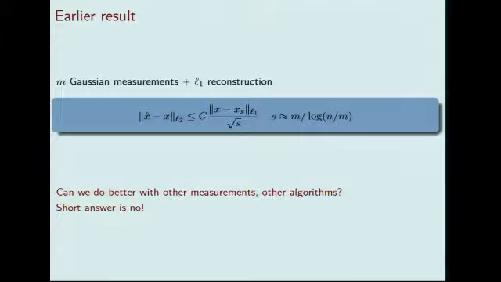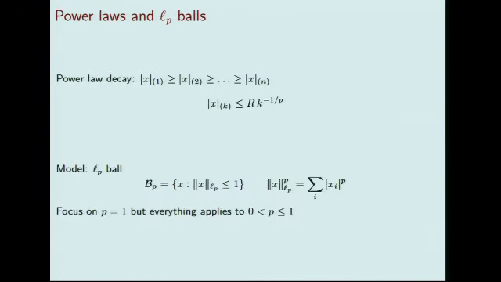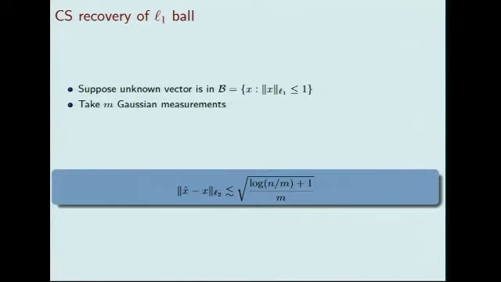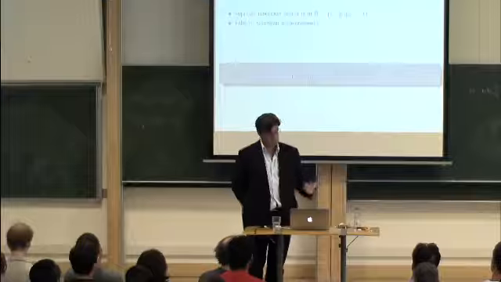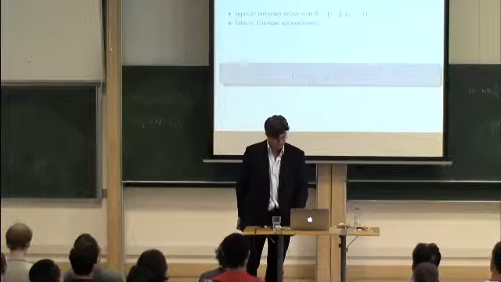Using the most naive upper bound on the distance between x and x_S, which is 1, the error that you can get by CS techniques is the square root of log divided by square root of the number of measurements. That's the error you get by taking m Gaussian measurements and recovering by L1.